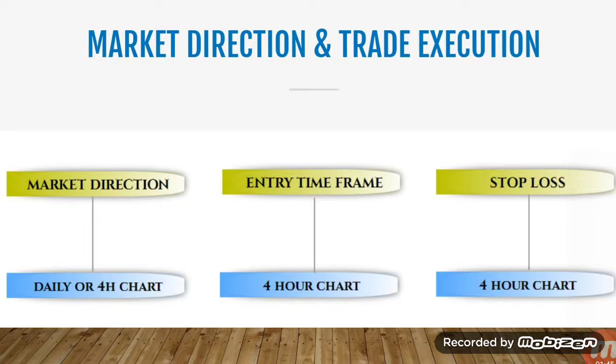Where possible and justified, and if the 4-hour chart would require too large of a stop loss, then we will go down to the 1-hour chart and identify a strong stop loss that would allow us to stay in the trade until the trade has been completed.